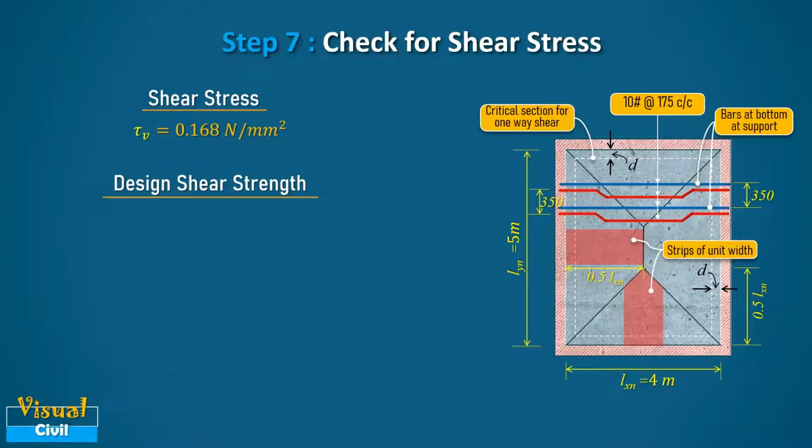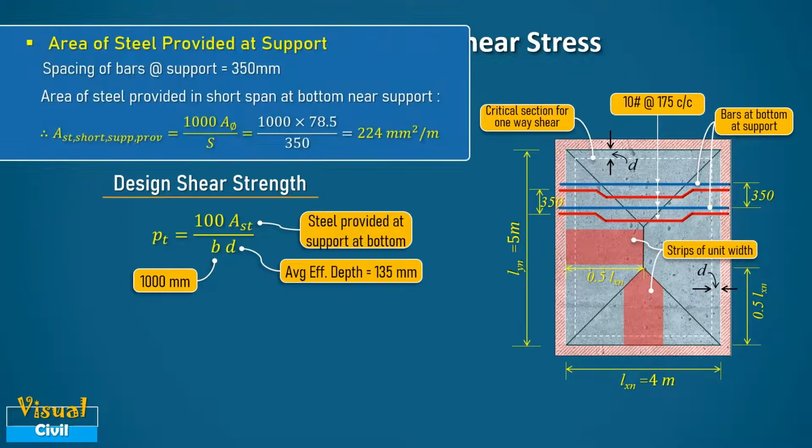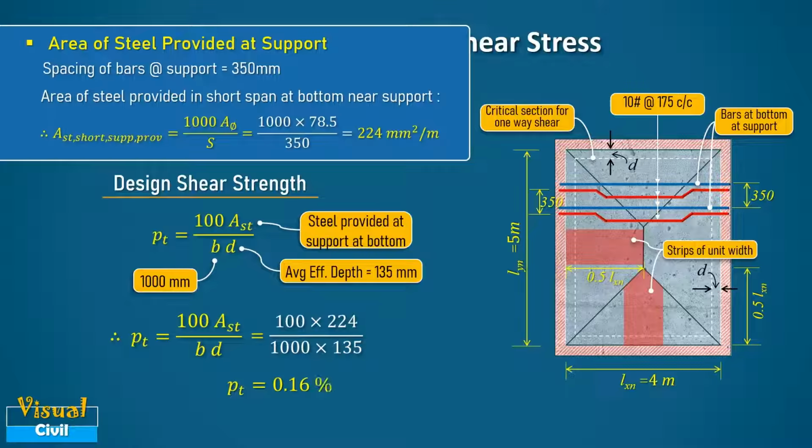In this, the value of AST is the area of main steel provided at support at bottom, which is equal to 224 mm square. By providing the value of AST, width B and average effective depth D, we get the percentage of steel PT as 0.16%.